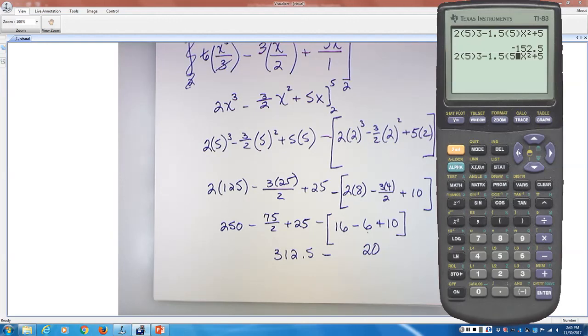Left something else, sorry. That doesn't look right either, so I have messed up somewhere.